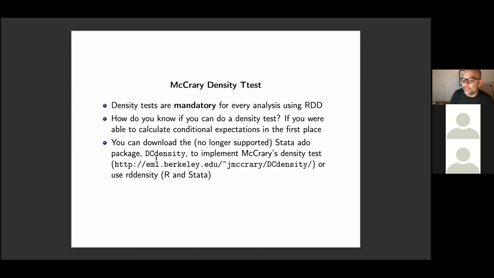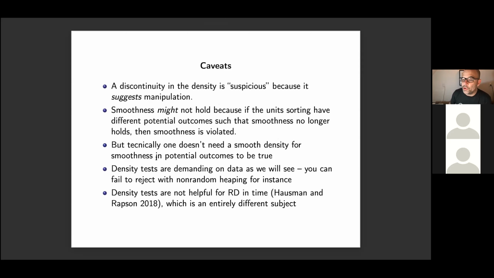So a discontinuity in the density is suspicious because it suggests manipulation. Smoothness might not hold. Technically one doesn't need a smooth density for smoothness, but this is as good of a test as we have to provide some suggestive evidence that we should be worried.